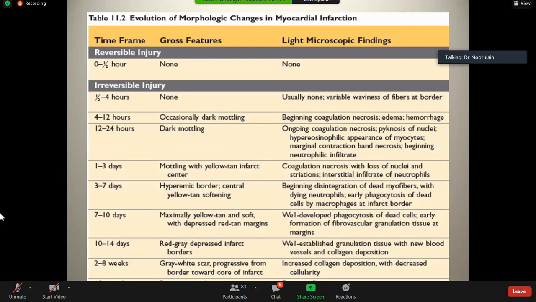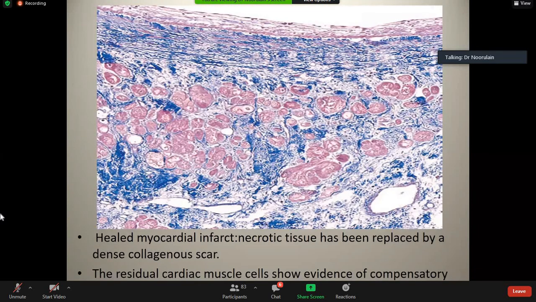As we have seen in the picture, on the 7th day the granulation tissue starts. Then after 2 months, scarring is complete, and there are dense collagen scars seen on microscopic findings, as seen in this picture. This is more than 2 months, scarring complete.